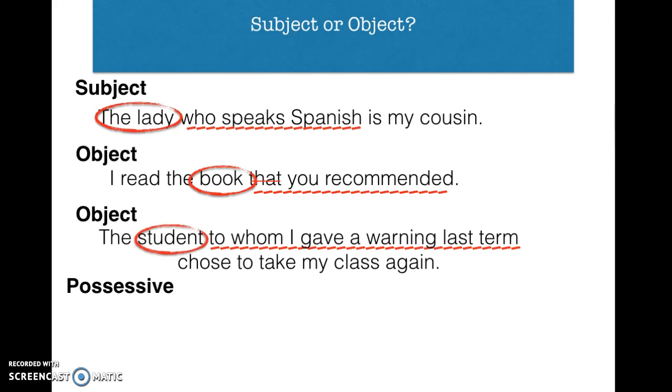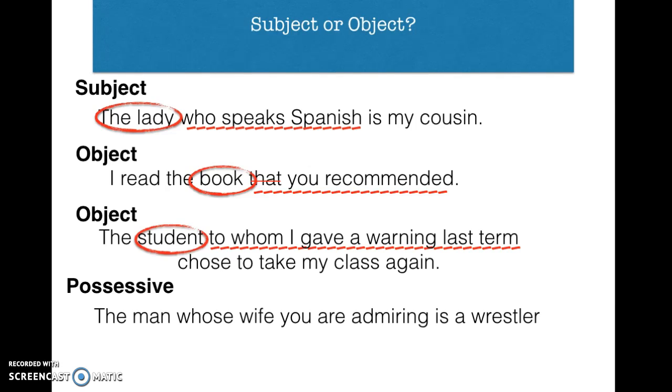Okay, so here, I is the subject, gave is the verb, and the student is going to be the object, in which case we use whom. And possessive as well, the man whose wife you are admiring. This shows that it shows possession of the noun that follows.